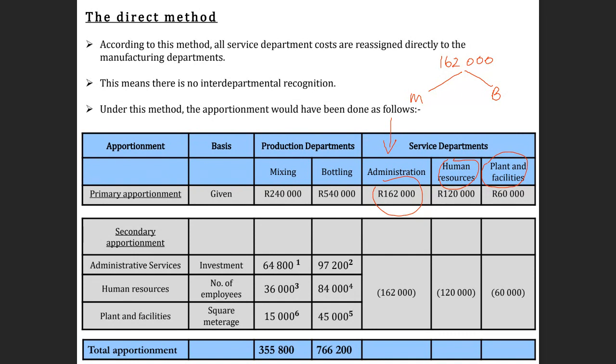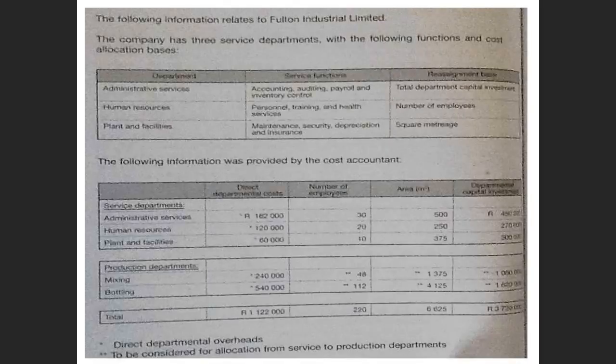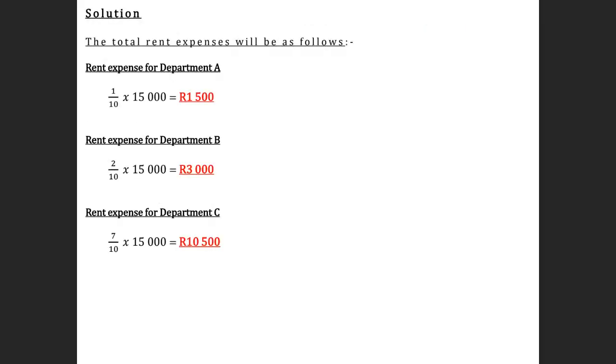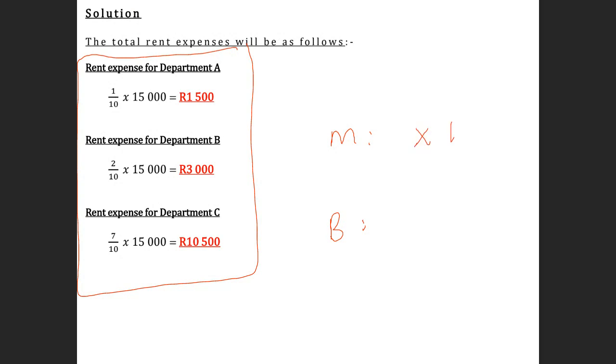So how we determine this is using the idea of what we had done here with your ratios. So we're going to basically create a ratio for mixing, create a ratio for bottling, and then we're splitting the 162,000 Rand admin cost.